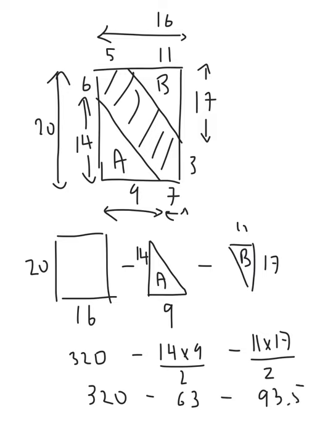So 63 plus 93.5 is 156.5, and you want to do 320 minus that.